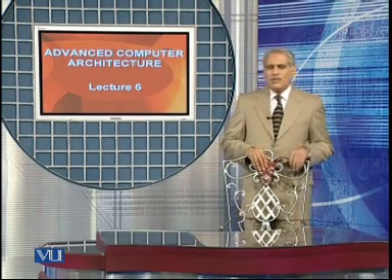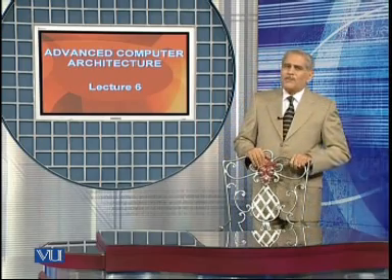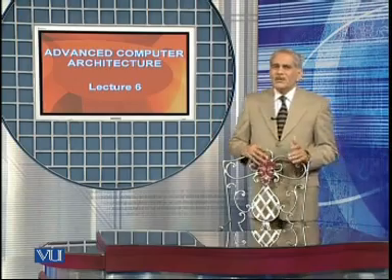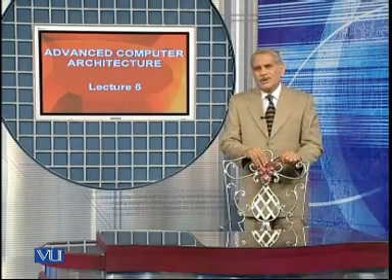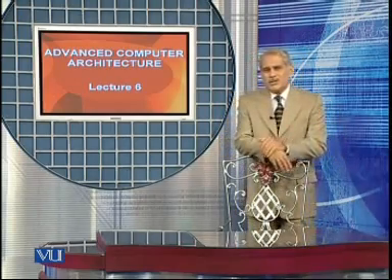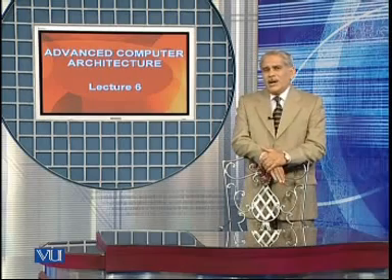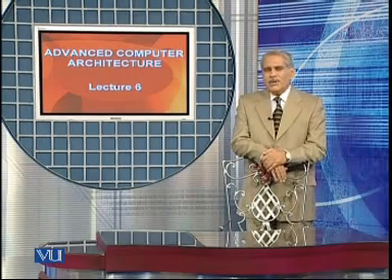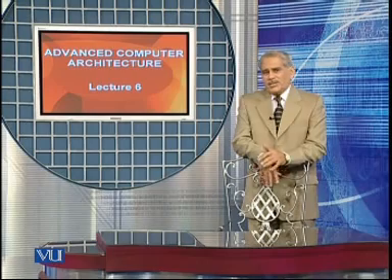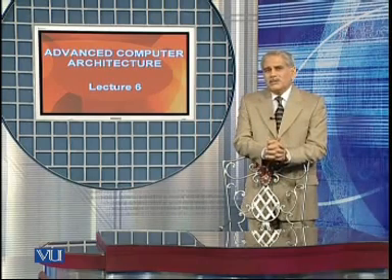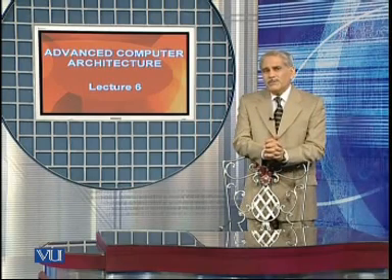Then we talked about the categories of instruction word, that is, how we can write an instruction word addressing. An instruction word can be written as a zero address instruction word, such as the instructions written for the stack machine.